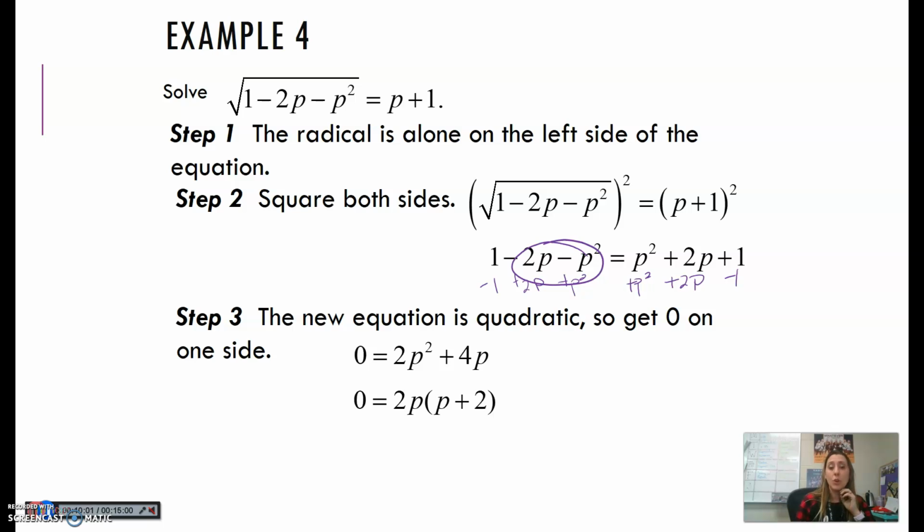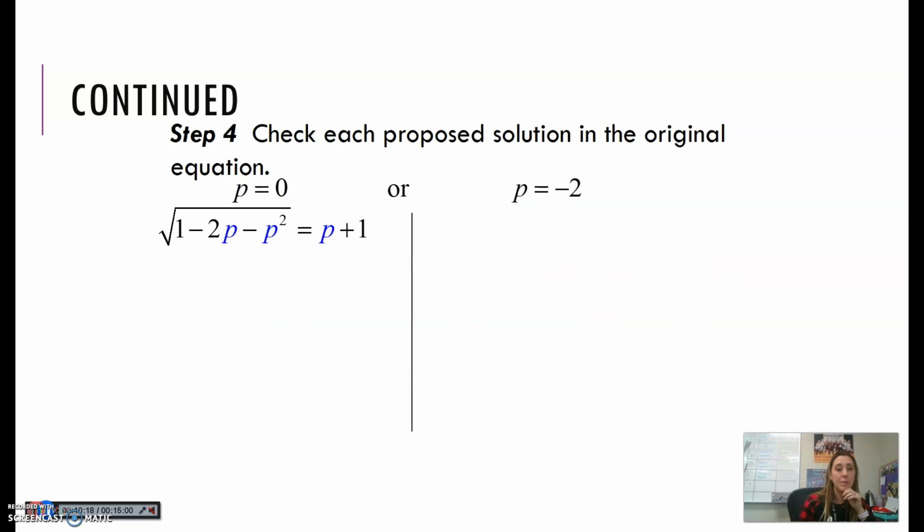Now, the zero product property says we take each factor and we set them equal to 0. A factor is something we're multiplying, so 2p is equal to 0, and p plus 2 is equal to 0. I end up with p is equal to 0, or p is equal to negative 2. Alright, I'm going to plug those in. I get 1 minus 0 is equal to 0 plus 1.